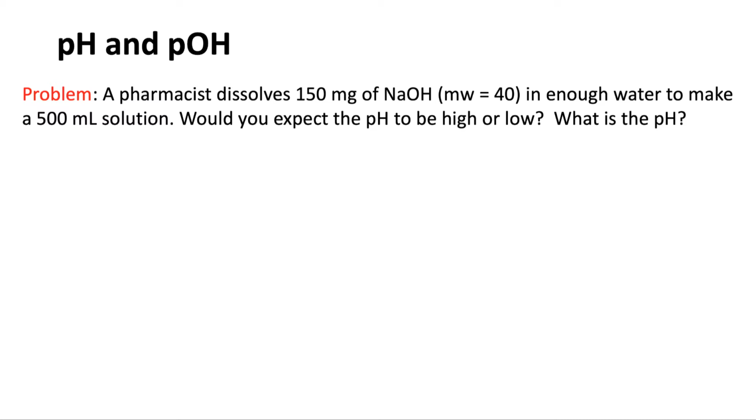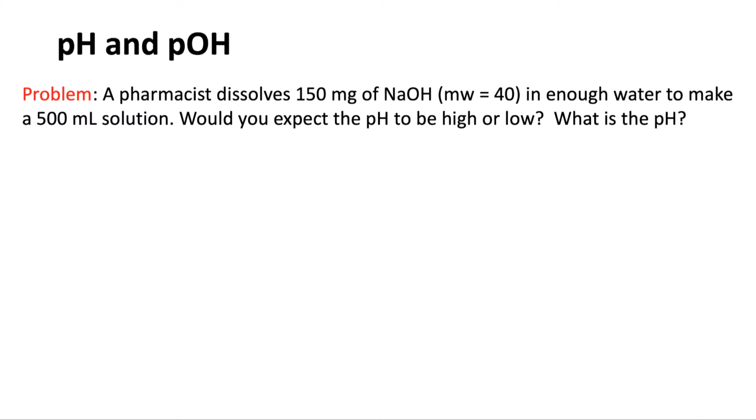So let's put this discussion in the context of a question. The problem says, a pharmacist dissolves 150 milligrams of sodium hydroxide, which has the formula NaOH and a molecular weight of 40. So we're going to take the 150 milligrams of sodium hydroxide and dissolve it in enough water to make a 500 milliliter solution.